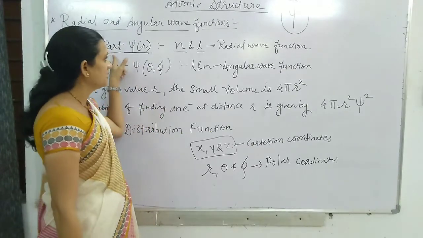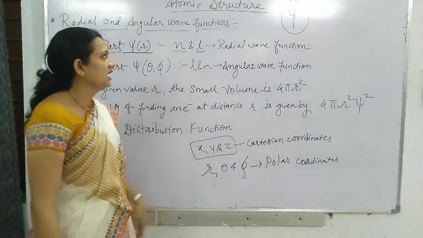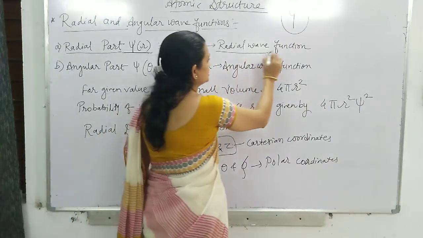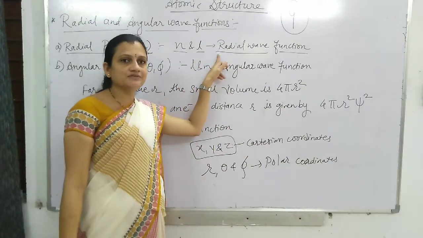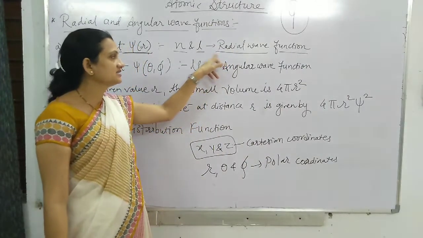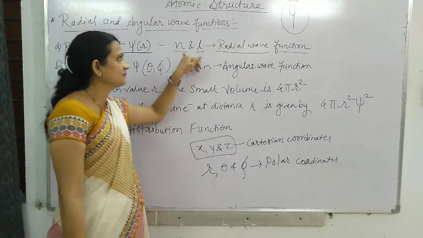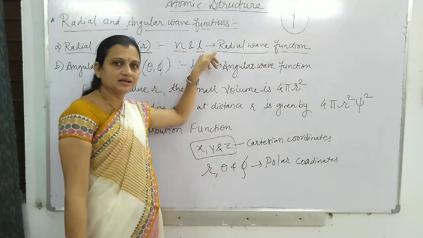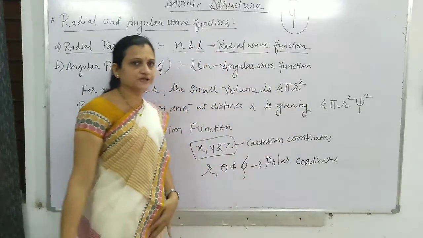It is also known as the radial wave function, because it is related to the radial part, psi of r, and depends upon the principal and azimuthal quantum numbers.